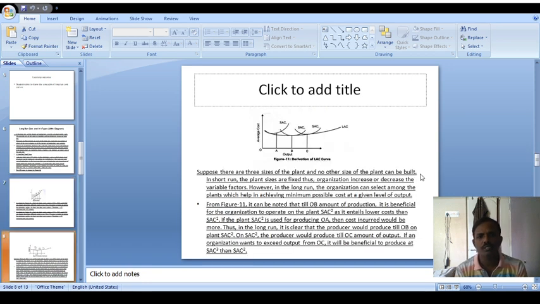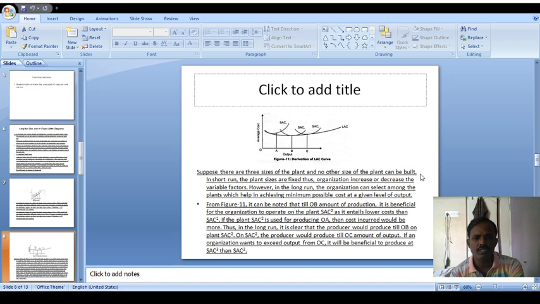Suppose there are 3 sizes of plant and no other size of plant can be built. A, B, C are different derivations of curves. However, in the long run the organization can select from figure 11. It can be noted that up to OB amount of production, it is beneficial for the organization to operate the plant SAC2 as it entails lower cost than SAC1.